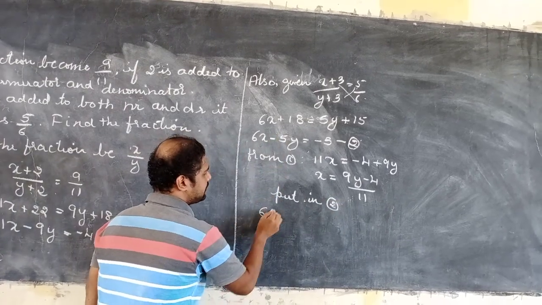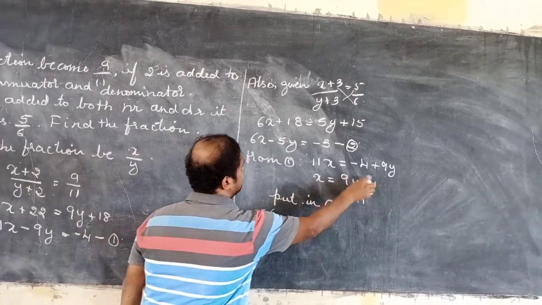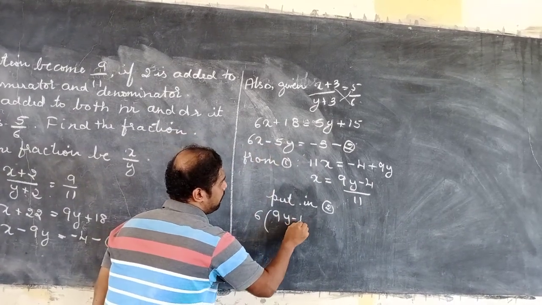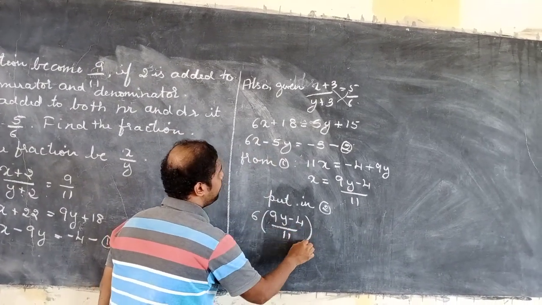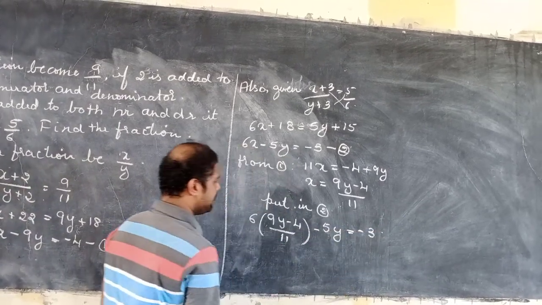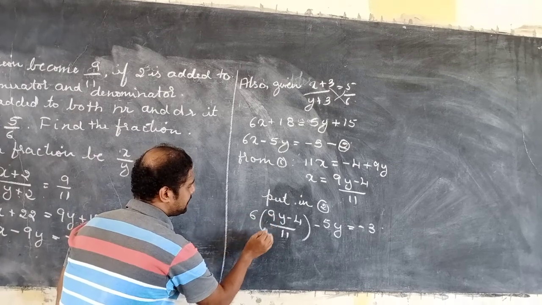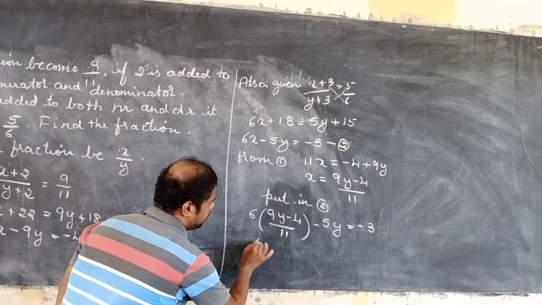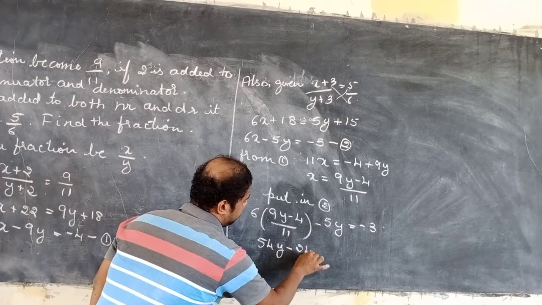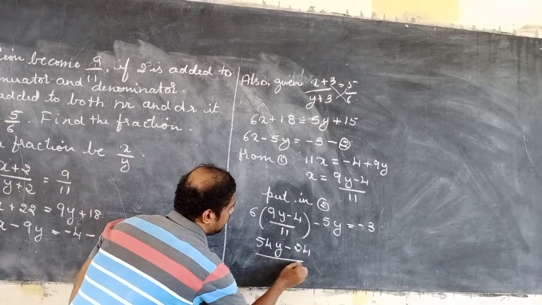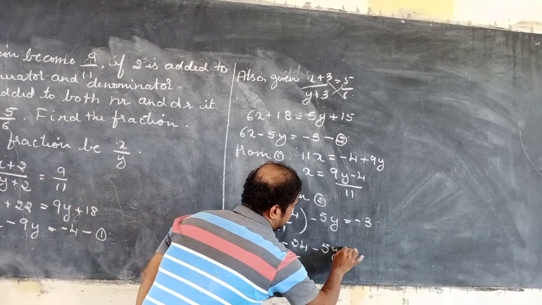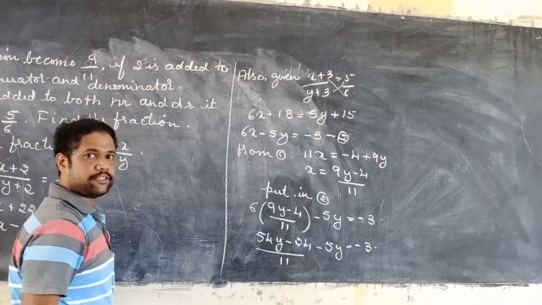So we get 6 into x, which is 9y minus 4 by 11. Substitute here, that is 6 into 9y minus 4 by 11 minus 5 into y is equal to minus 3. Simplify this, that is 6 9s are 54y minus 6 4s are 24 divided by 11, minus 5y is equal to minus 3.